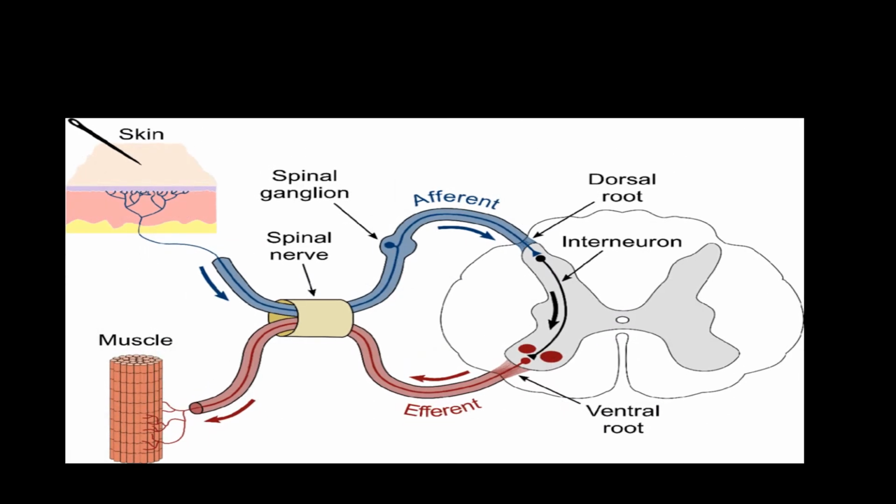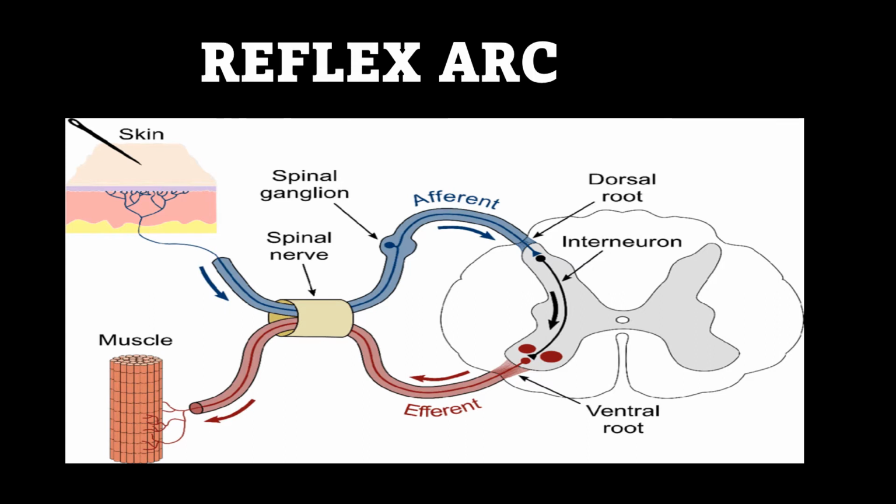This diagram shows the pathway of reflex arc. The arrow shows the movement of impulses from the sensory neuron to the spinal cord, from the spinal cord to the motor neuron. Finally, it reaches the effector muscle.